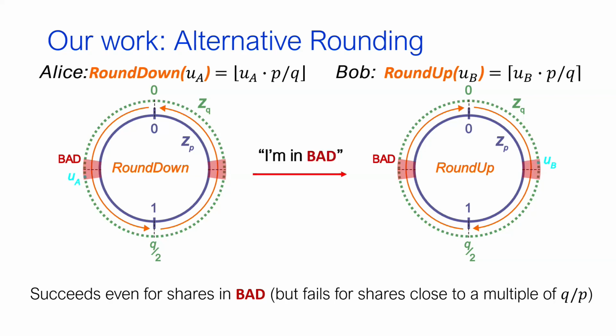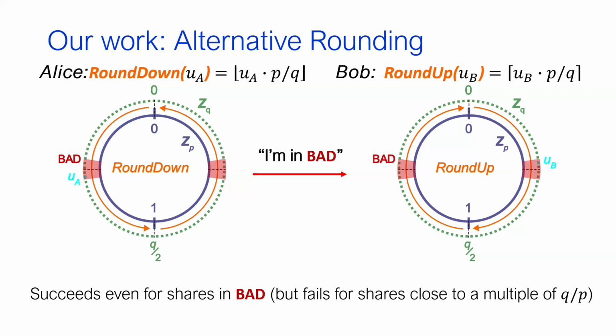And let's imagine for a second that we allowed communication, and then with just one bit of communication, we could solve this problem by having Alice tell Bob whether or not her share is in the bad area. If Alice's share is outside the bad area, then they can both use the standard rounding procedure that we saw earlier. And if it is in the bad area, they use this alternative method. So this prevents the error.